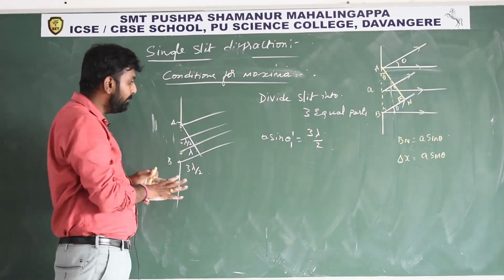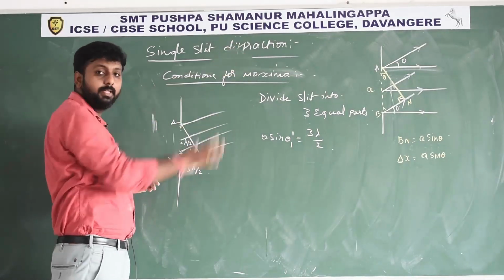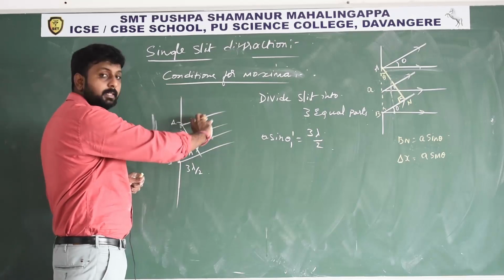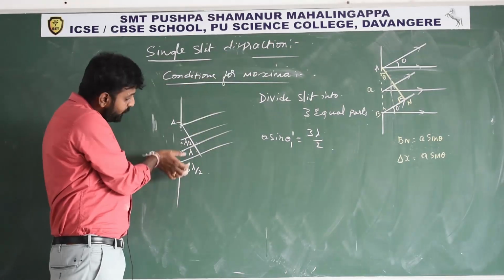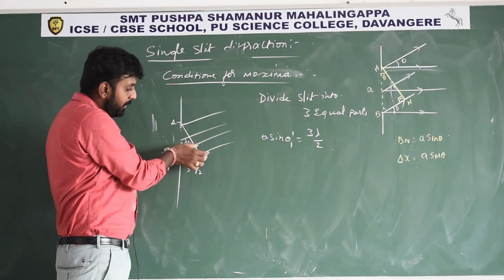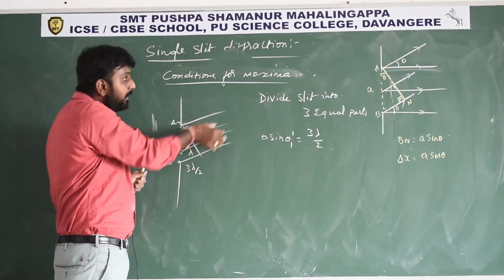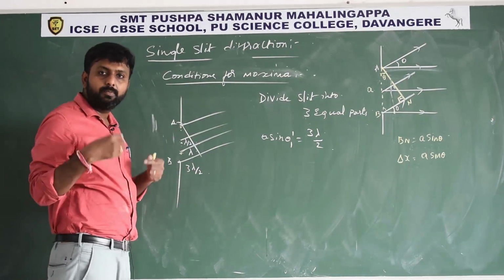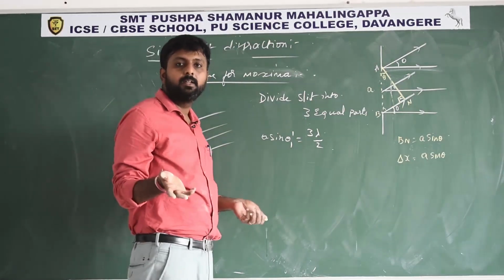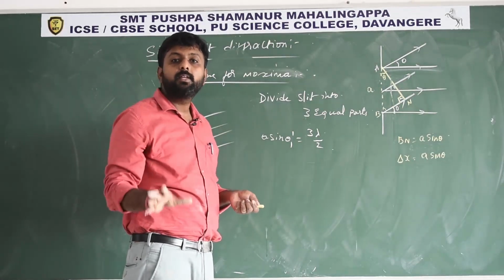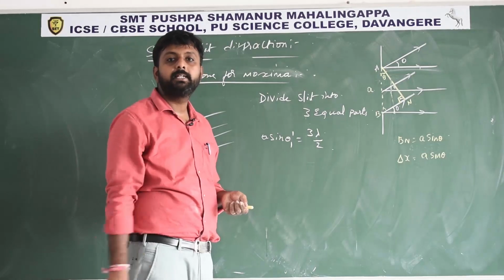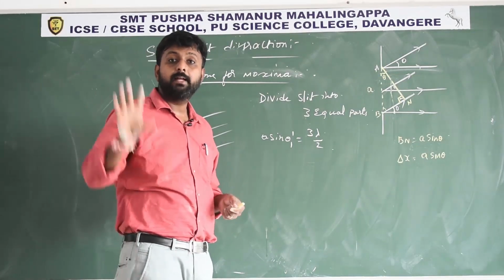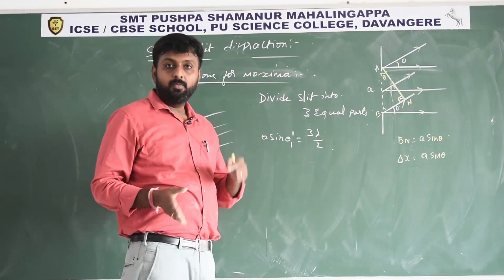Not completely bright we will see. Why? Because this part forms a dark fringe, only a small portion you are observing, right? This will form a bright fringe, so we will see some brightness. So we will give the name called first secondary or subsidiary maxima. Central maxima, brightness more.